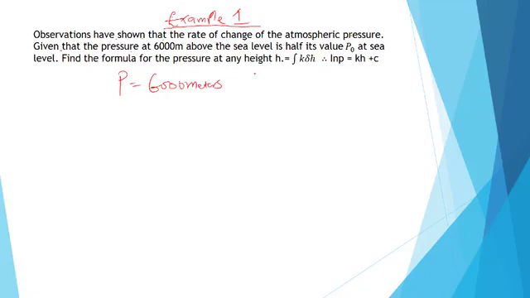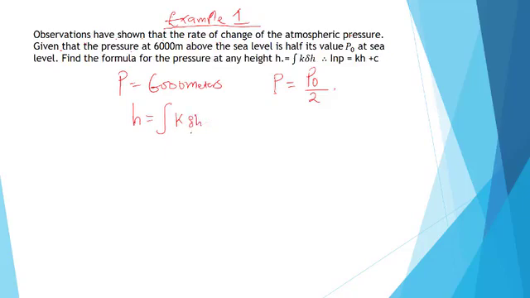Let's state our parameters clearly while we are reading the question, so that we'll know what we are looking for. The atmospheric pressure at this level is half that at sea level. So find the formula for pressure at any height. A clue was given to us here: dP over dh is equal to kP.